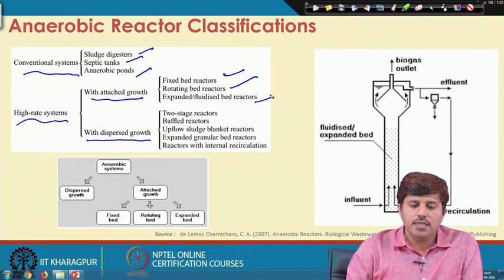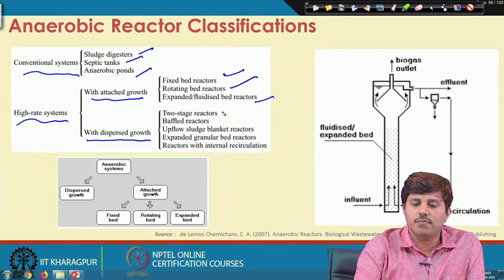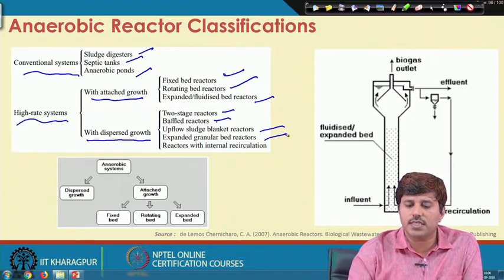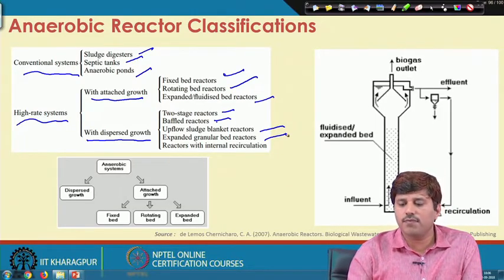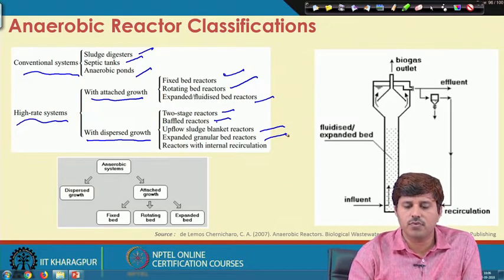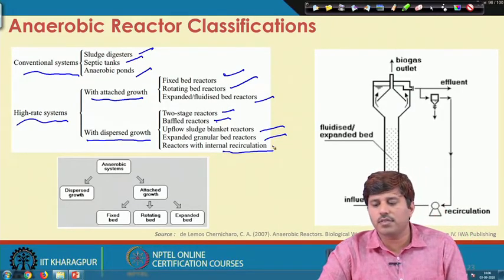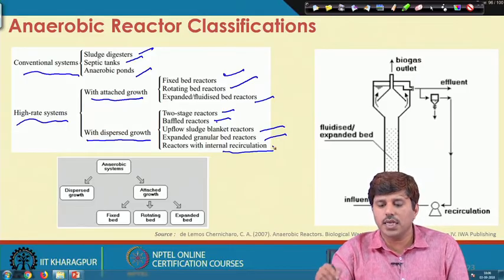In dispersed growth we can have two-stage reactors or upflow anaerobic sludge blanket kind of baffled reactors. We can have expanded granular bed reactors, which are a kind of fluidized system that keeps the granules in suspension, and then there is the possibility of a reactor with internal circulation, so we can recycle some of these things.